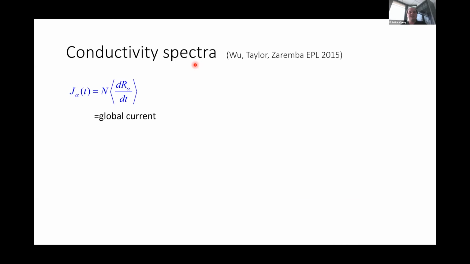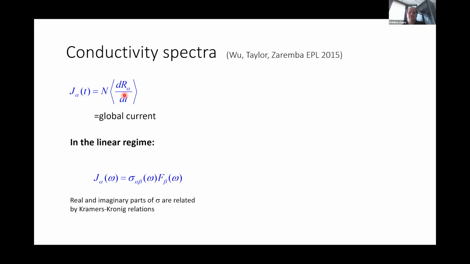And so, as I said, what you measure here is the global current. So you just sum the velocity of all the particles. And in the linear regime, you have a proportionality relation between the applied force, at a frequency omega, and the current, and you have a response here, which is a tensor, because you can look at a current in a direction which is not that of the applied force.